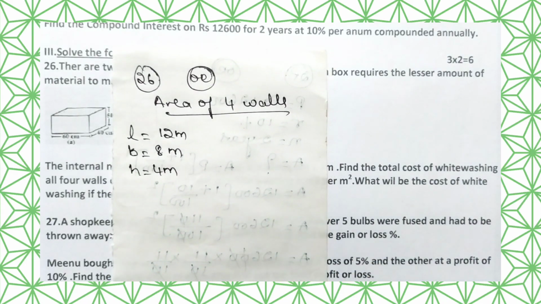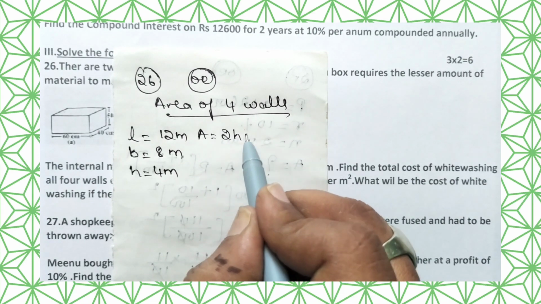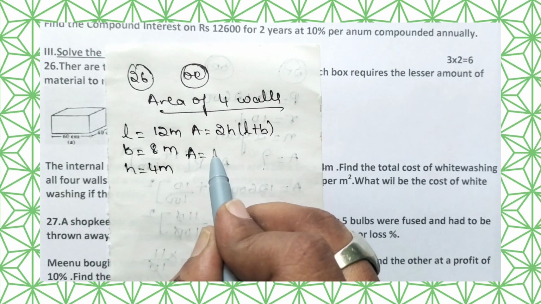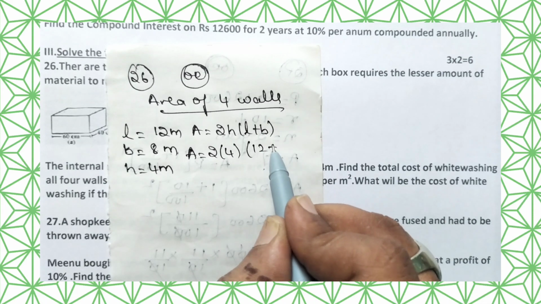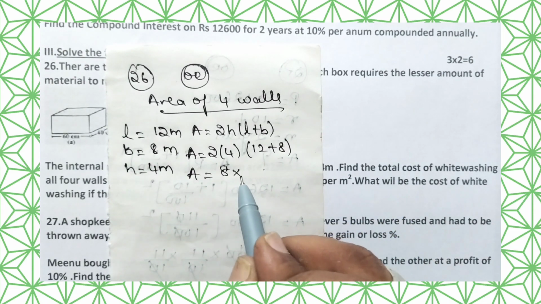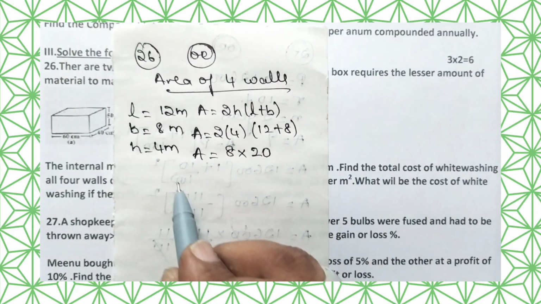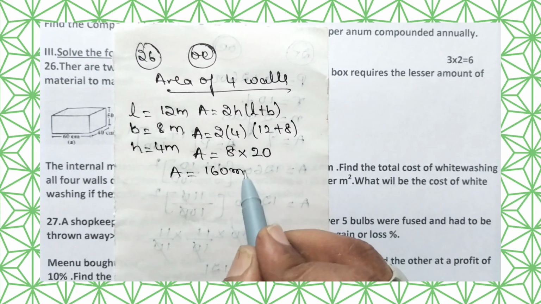The formula for area of the 4 walls is 2h into L plus B. So area is equal to 2 into h, that is 4, into L, that is 12, plus B, that is 8. So area is equal to 2 4s are 8 into 12 plus 8 is 20. So area of the 4 walls is equal to 160 meter square.